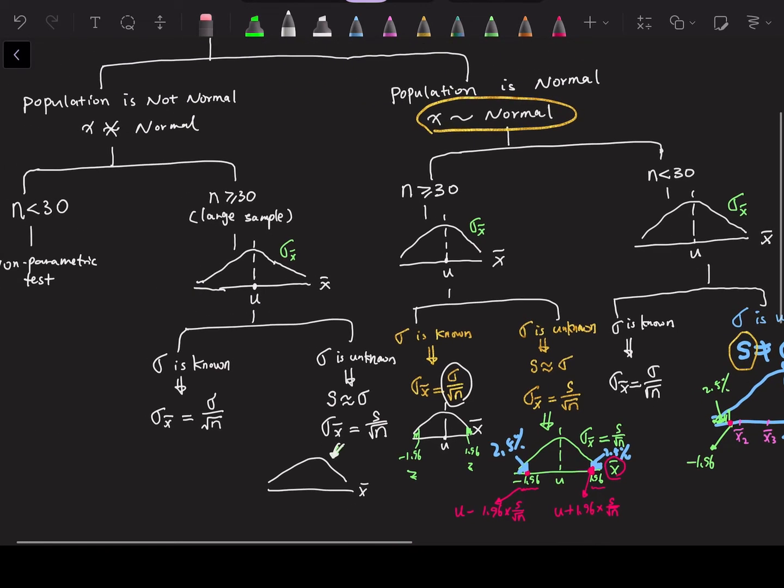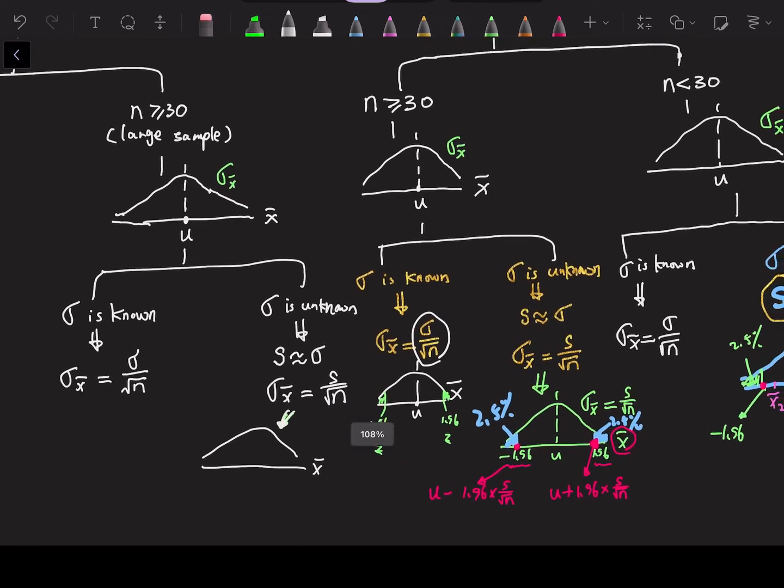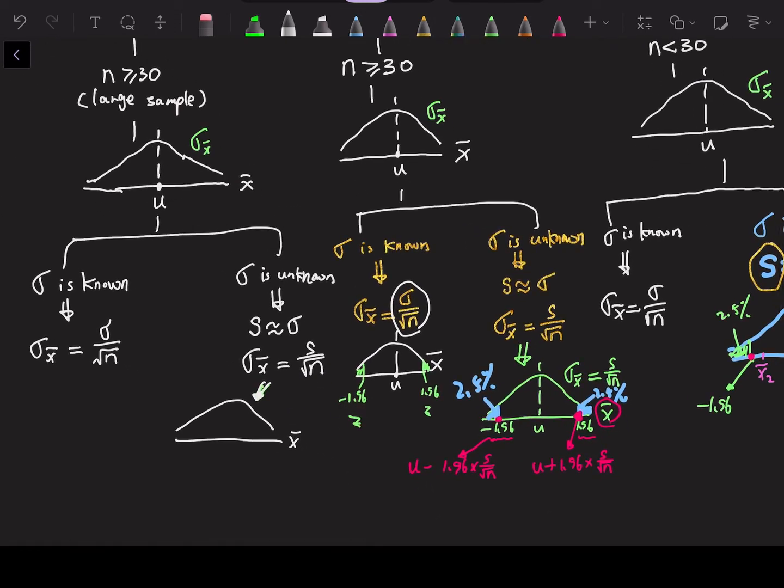Even if the population is not normal, with a large sample x bar follows a normal distribution. So you can convert any value of x bar into a z-score. If this is 2.5%, this will be the mean minus 1.96 times the standard error, S over square root of n. So the z-score for this point is negative 1.96.